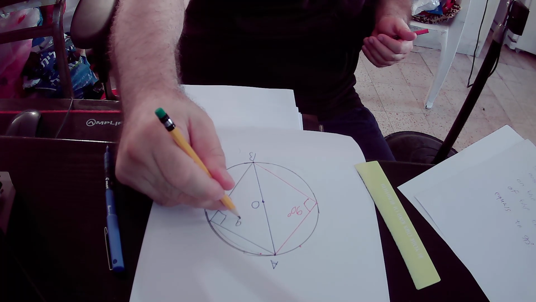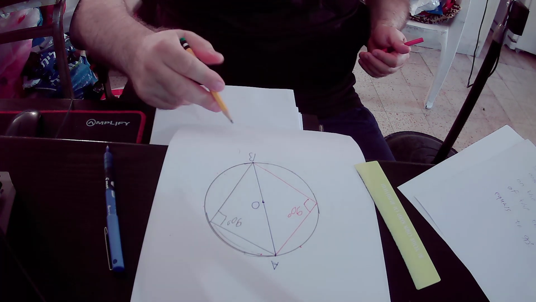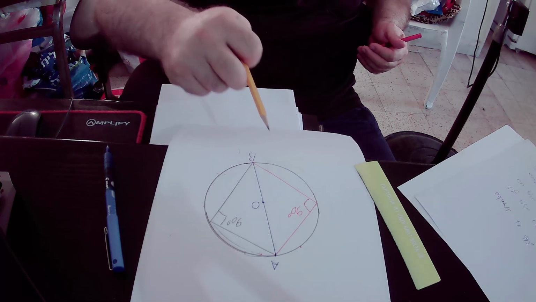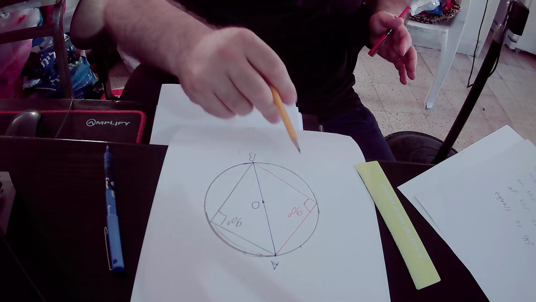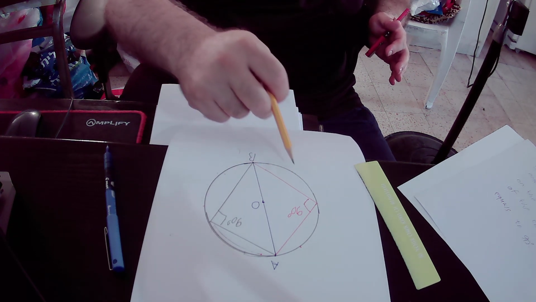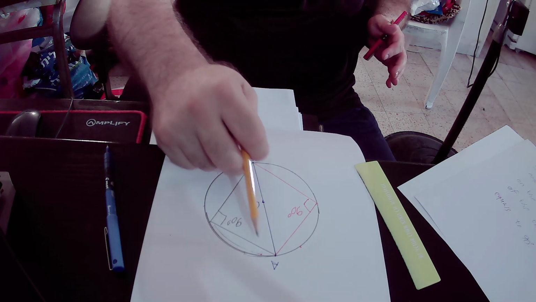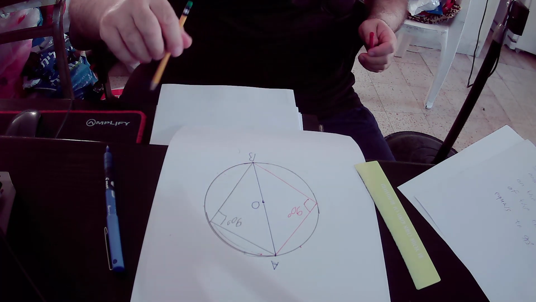So any peripheral angle that rests on the diameter of the circle equals 90 degrees. This angle rests on the diameter AB, therefore it equals 90 degrees, and this angle also rests on the diameter AB, therefore it equals 90 degrees.